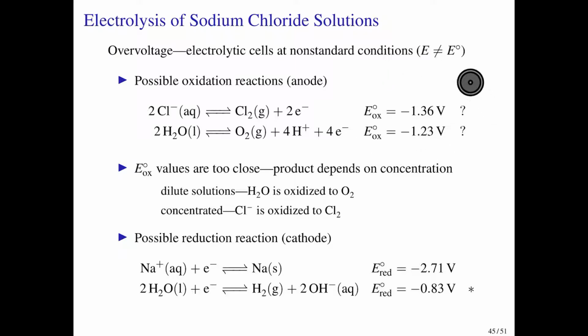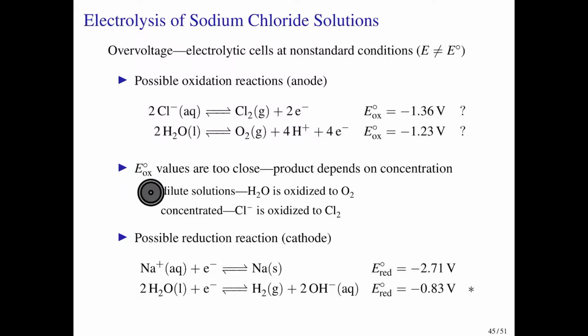And what I'm pointing out here is that these numbers are pretty close together. And so in this case, it's hard to make a call as to which one of them is going to be preferred. And the answer is that it's going to depend upon the conditions under which the electrolysis is carried out.